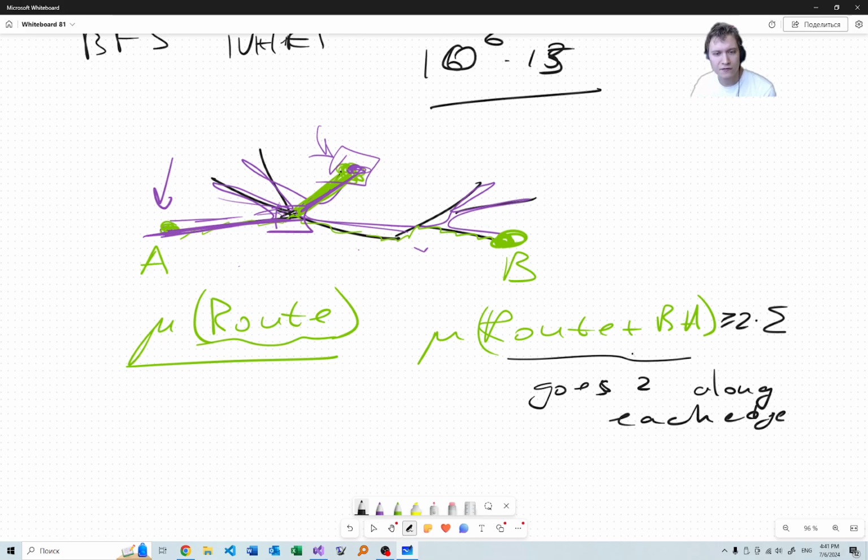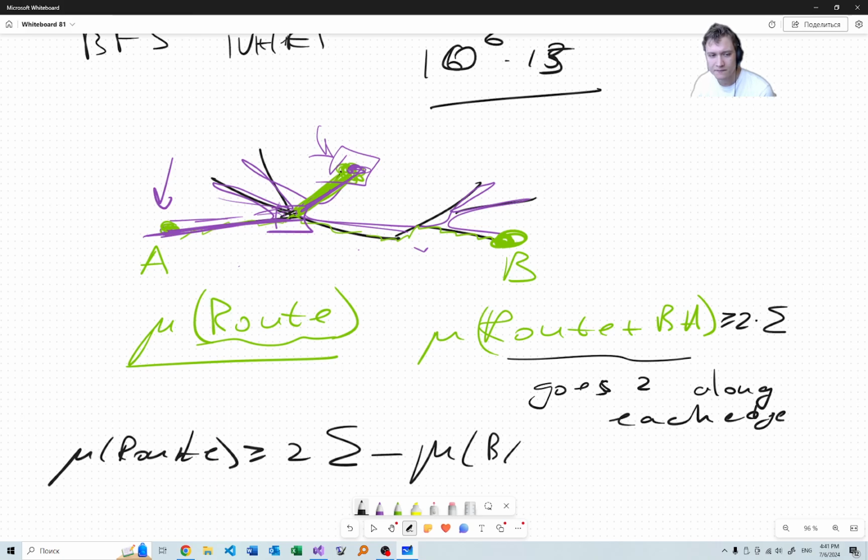Therefore, you can say that mu of route is at least 2 times the sum of all edges minus mu of BA. Let's try minimizing this first. In order to minimize this number, you want to maximize this number.